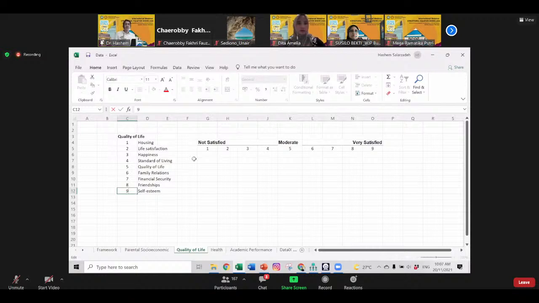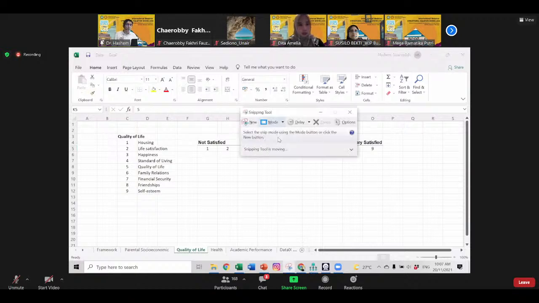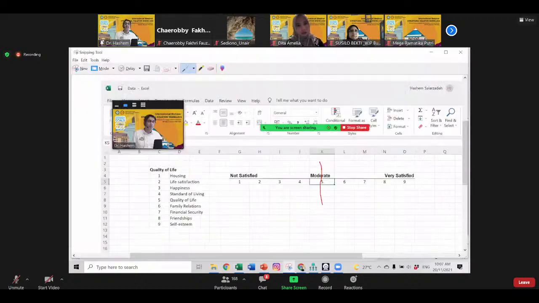First of all, I put a line in the middle as a moderator because I want to know there is a border between, for example, the left side and the right side.